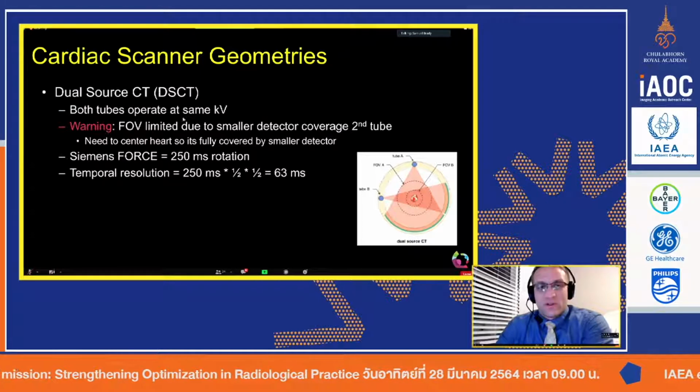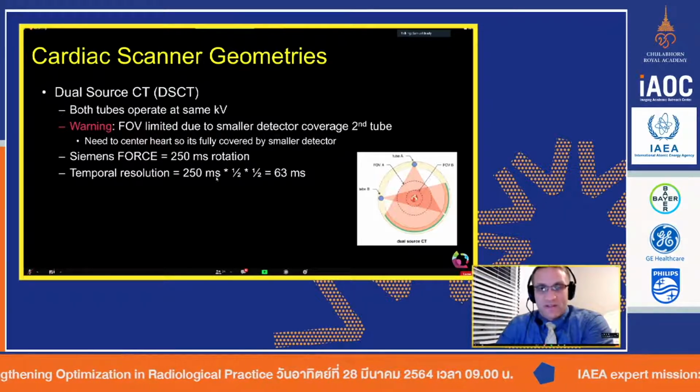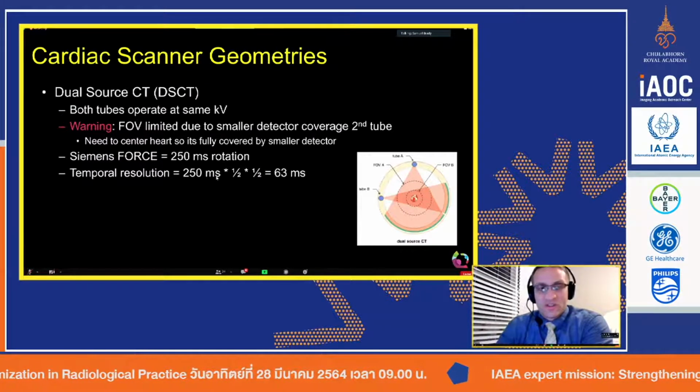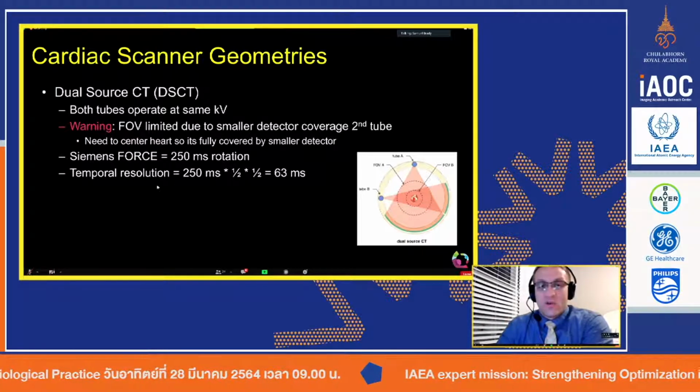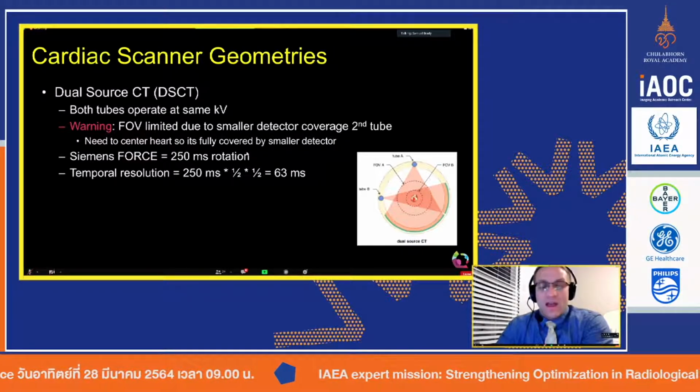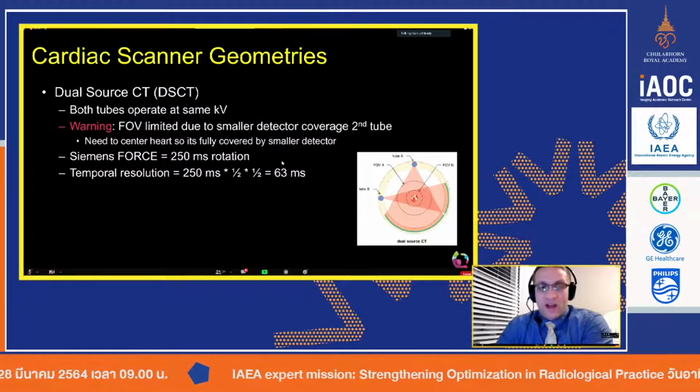This is one of the beautiful benefits of having this dual source CT scanner: you can go fast and cover as much data at a really high heart rate.